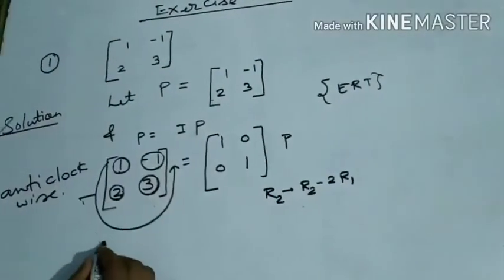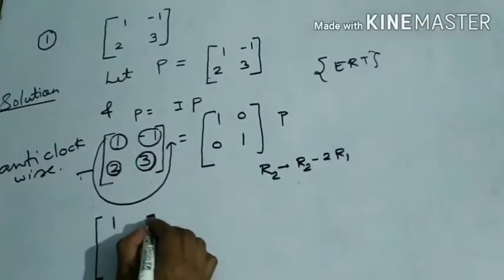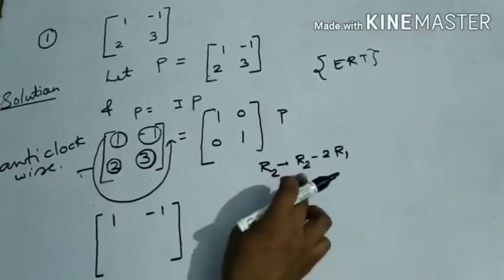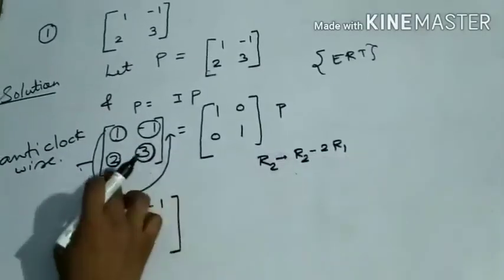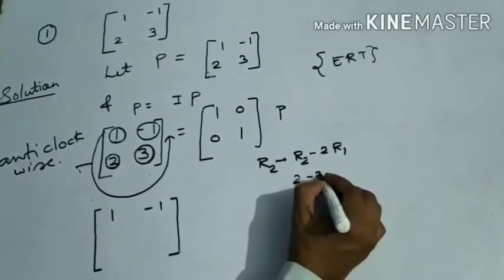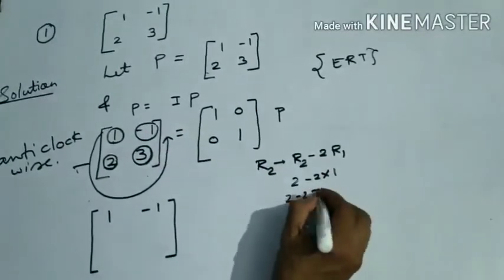In the first row we are not doing anything, so it stays 1, minus 1. But in the second row we apply R2 minus 2R1, so 2 minus 2 into 1, which is 2 minus 2, is 0.